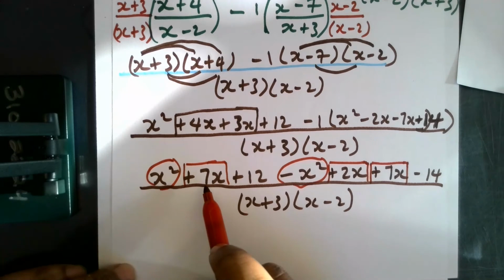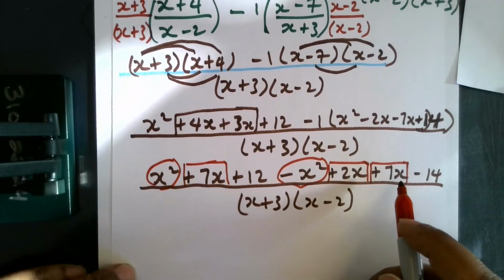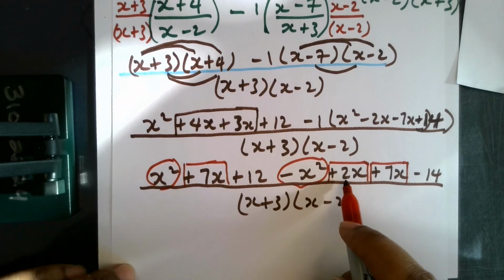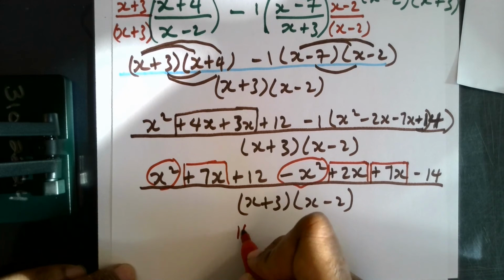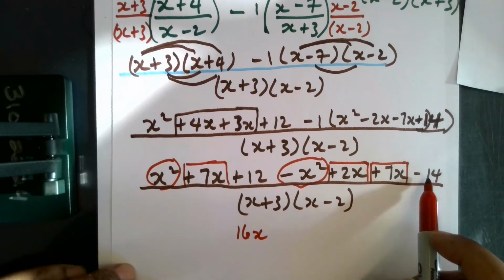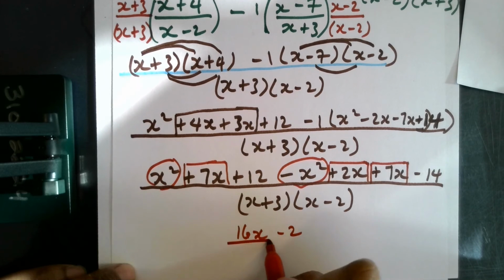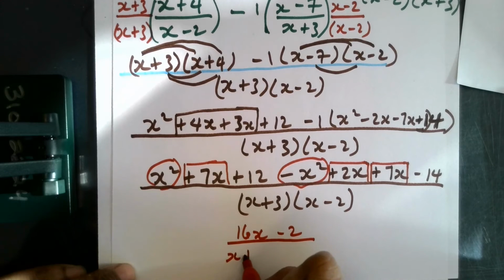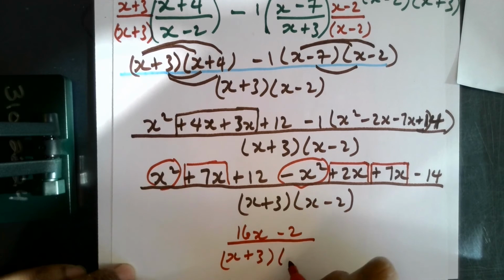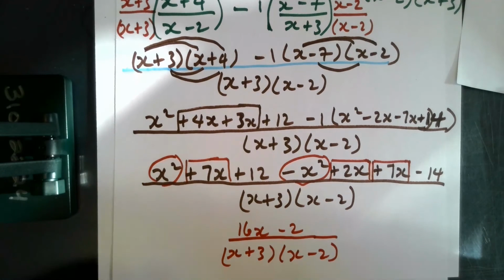So 7x combines with 7x to give me 14x. 14x combines with 2x to give me 16x. So 16x. And I have what here? 12 and -14, that's a -2, all over x plus 3 times x take away 2. All right, that's my answer.